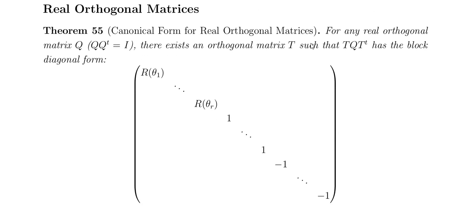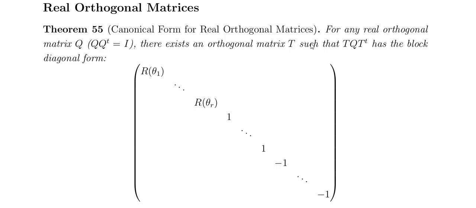Similarly, this is the canonical form of real orthogonal matrices. For any real orthogonal matrix Q, Q Q transpose equal to I, there exists an orthogonal matrix T such that T Q T transpose is equal to a block diagonal form: R of theta 1, R of theta 2, up to R of theta r, otherwise 1, 1, 1 and minus 1, minus 1. So this is the canonical form of real orthogonal matrices.